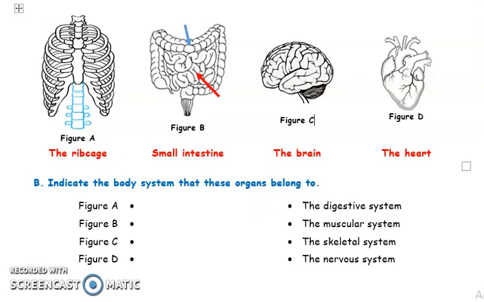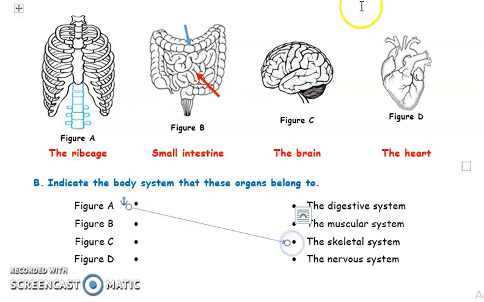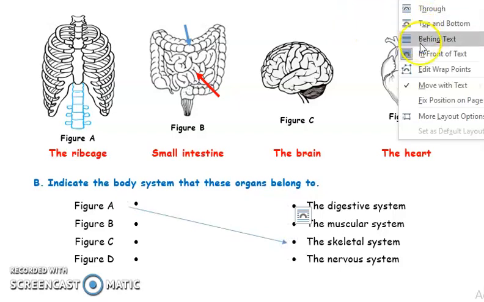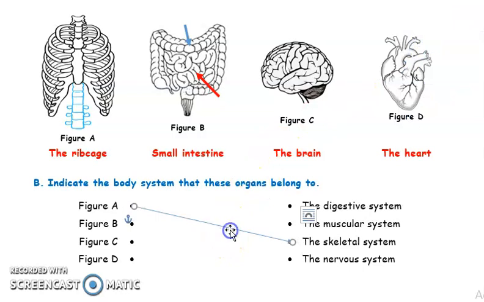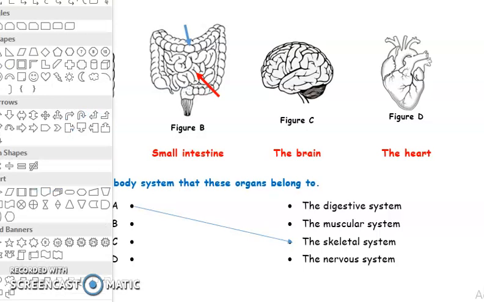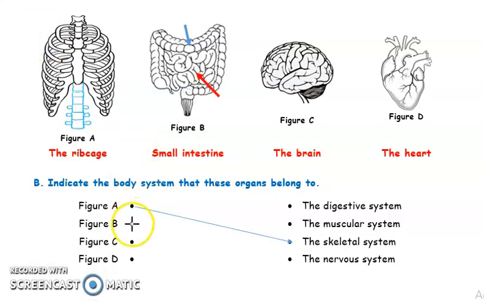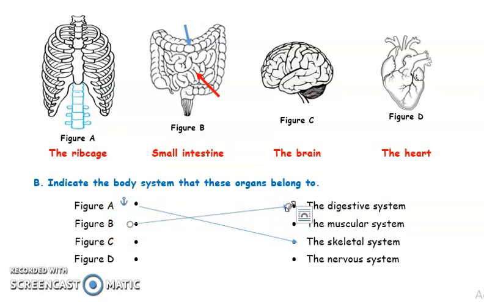So, the ribcage is a part of the skeletal system. Figure B, which is the small intestine, is a part of the digestive system. The small intestine is actually the main part of the digestive system.